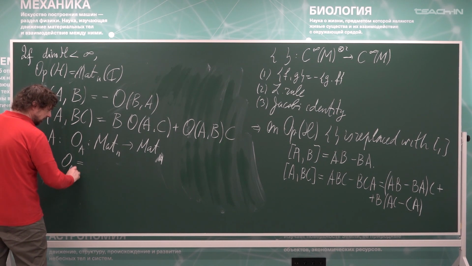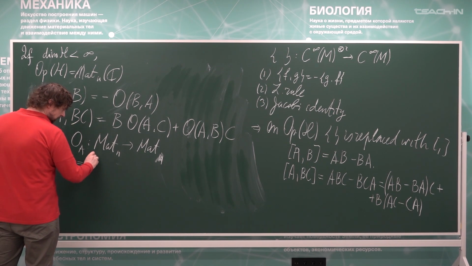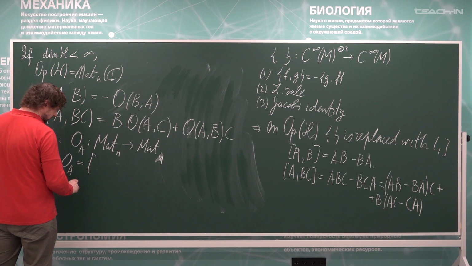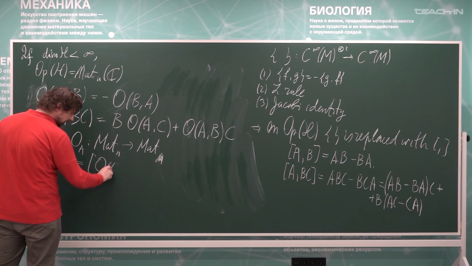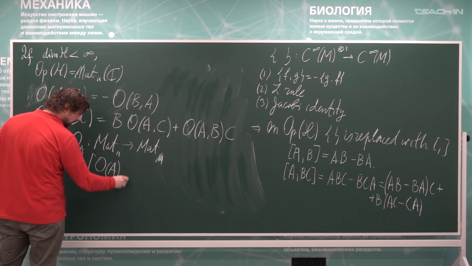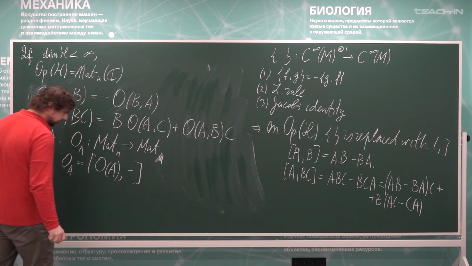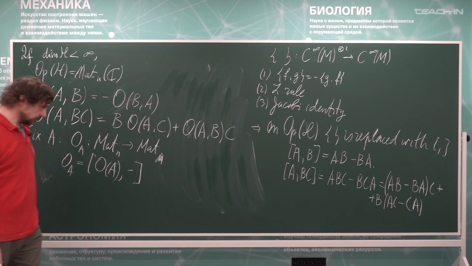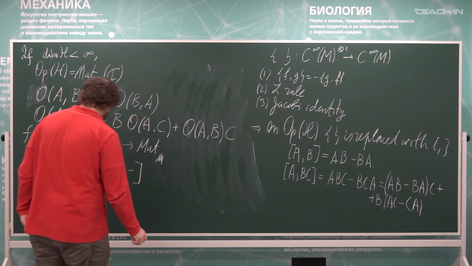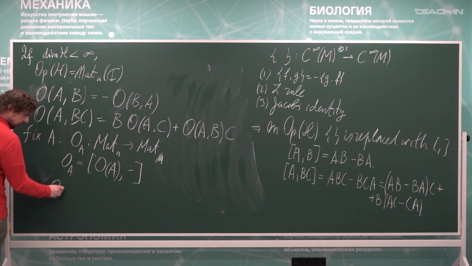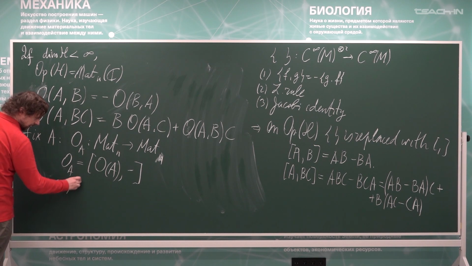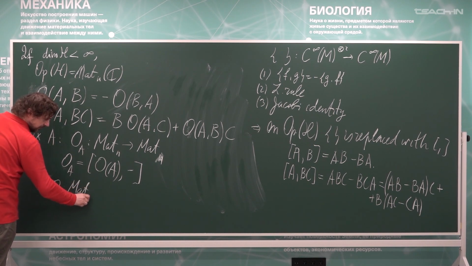O of A should be equal to the operation which sends every matrix B to the commutator, certain matrix O of A and B, where O is a map from matrices to matrices, a linear map.